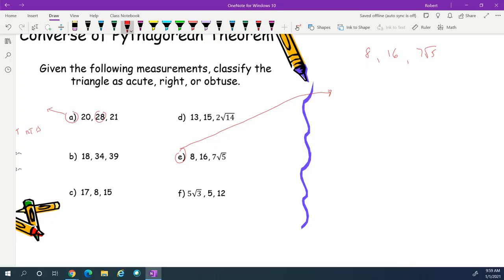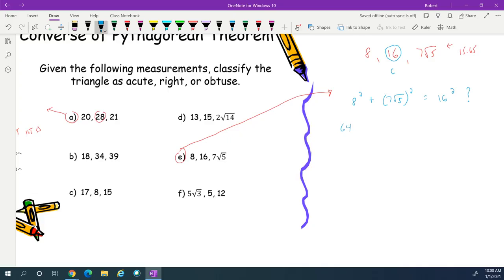And it's 15.65, which means 16 is my C. That's the only reason for doing that. Now I have 8 squared plus 7 square root 5 squared equals 16 squared. And this is what we're going to test.